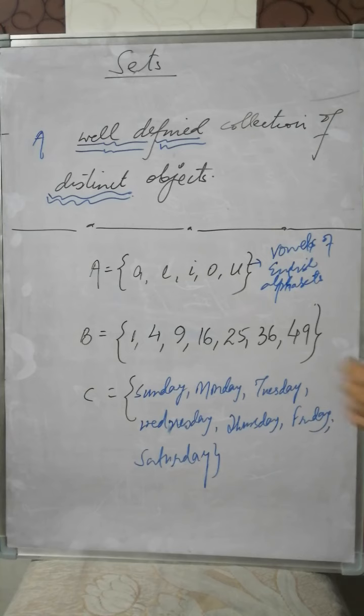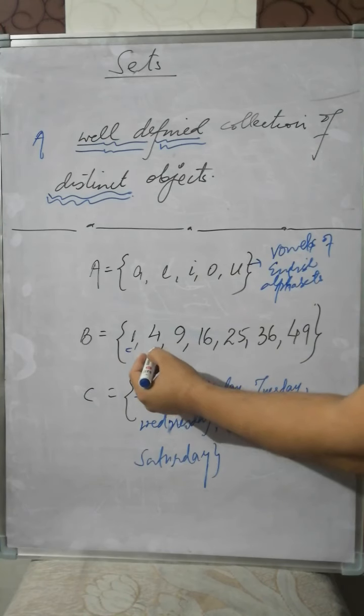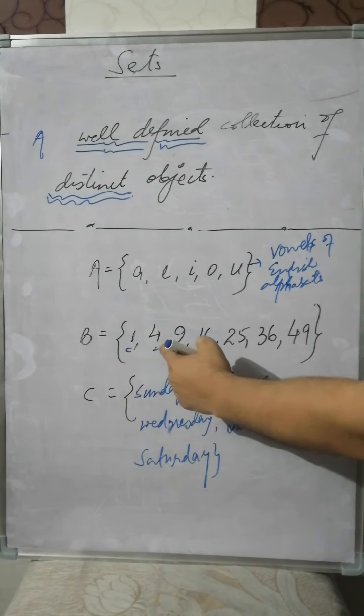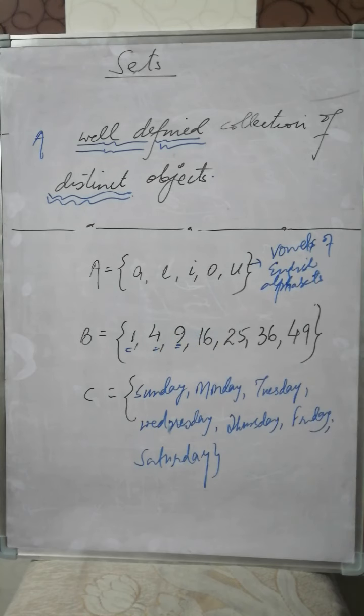If you talk about the second one, isn't it a perfect square? This is another perfect square. This is the next perfect square. So this is the square of the first 7 natural numbers. And if you talk about the third one, I don't feel that I need to tell you what it actually is. Days of the week, exactly right.